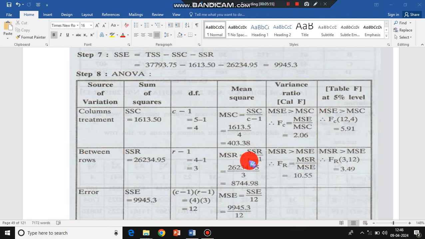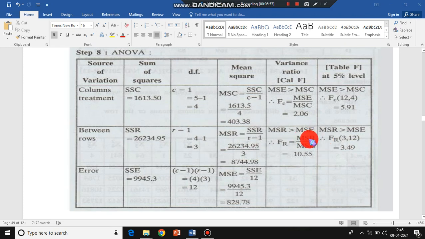Now come to the row wise again. Here, the same way, you have to fill up this bracket. What is the numerator? MSR. MSR is the greatest value, which is why we have written it in the numerator. MSE is a smaller value, which is why we have written it in the denominator.